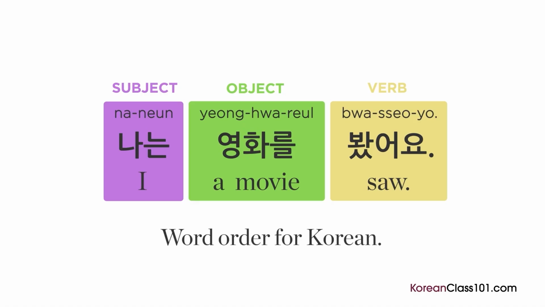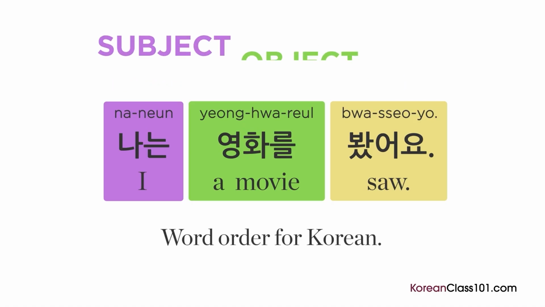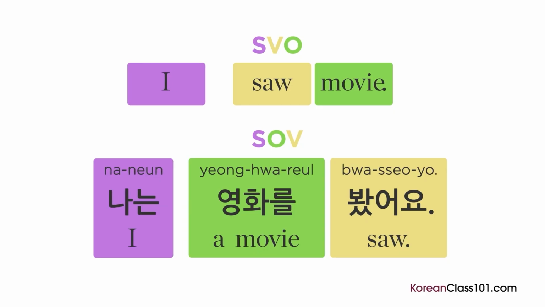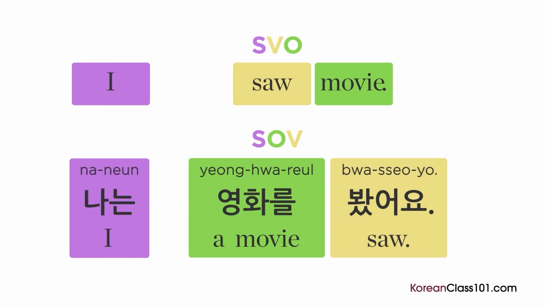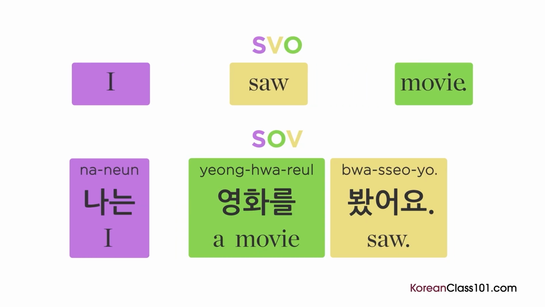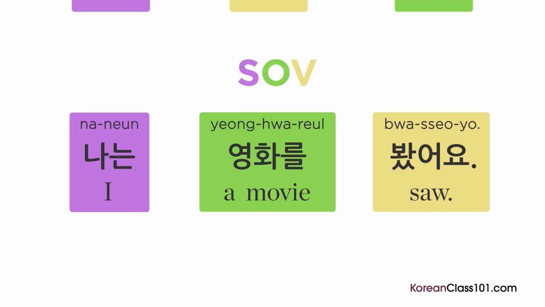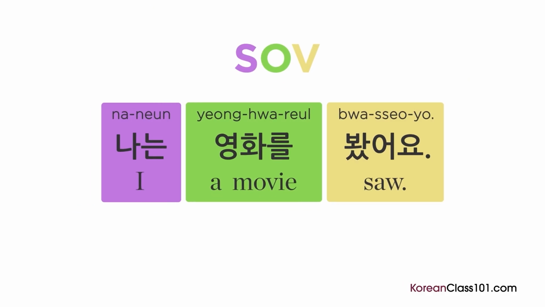The word order for Korean then is subject, object, verb, or SOV for short. In both languages, the subject is presented first. In English, though, it's followed by the verb and then the object, compared to the object being first and the verb last in Korean. The same sentence in Korean is essentially I movie saw, subject first, then object and verb last, SOV. This is the basic word order for sentences in Korean.